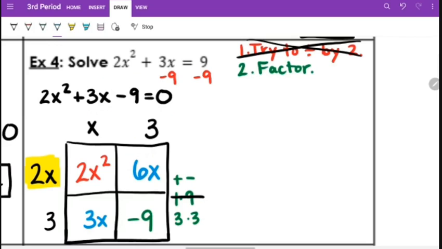For these two things to add together to give me a positive 3x, we would need a positive 6, which means that this 3 on the top has to be our positive 3. Now we need to have a negative 3x in the bottom left, which makes the 3 on the bottom negative.